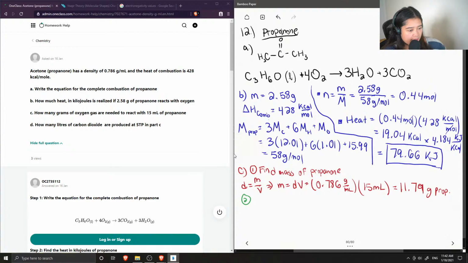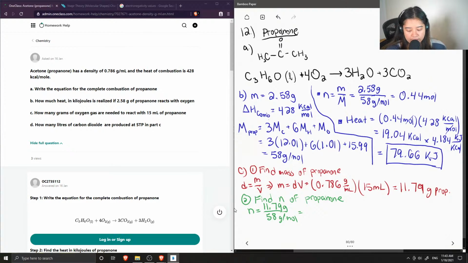But for the second step, we're going to find the number of moles of propanone. And again, number of moles is equal to mass over molar mass. So it's 11.79 grams, and we know the molar mass already is 58 grams per mole.